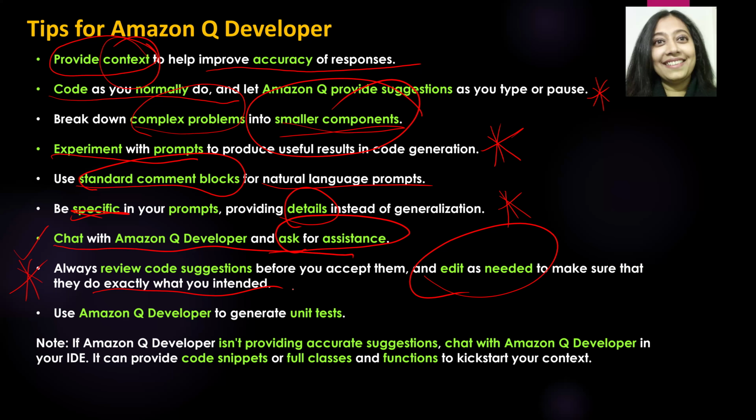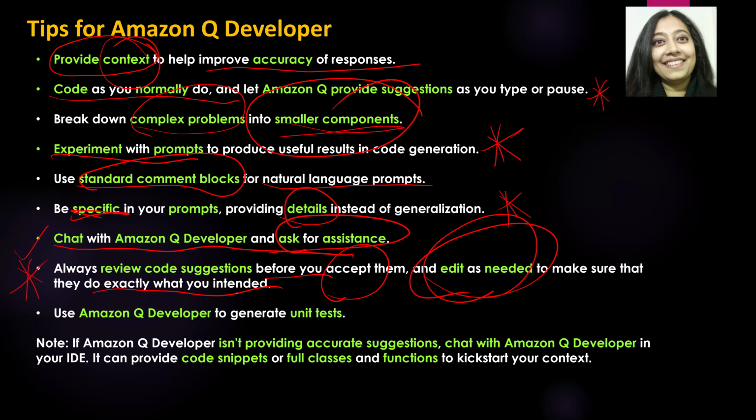So review what the code suggestion is. Let's say you review before accepting it. After you accept it, at least edit that code. Or even before accepting it, say, okay, I need you to make these changes in this code, till the time you get the code that is intended, as per what you desire that code to do. It's okay to even accept the code and then make the changes.